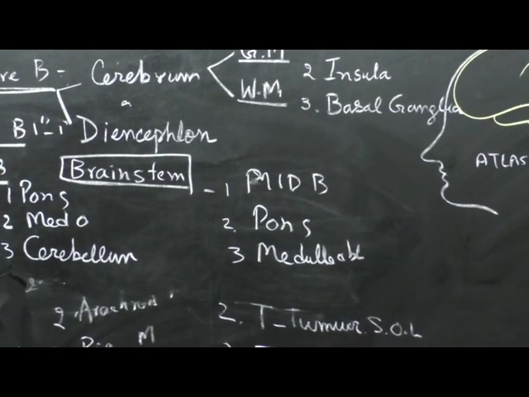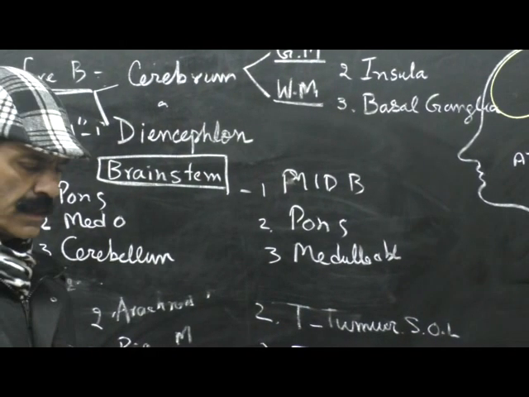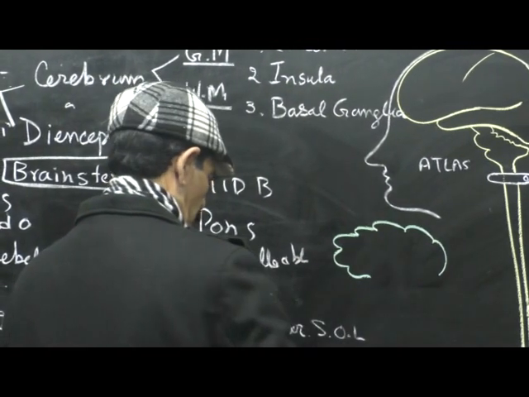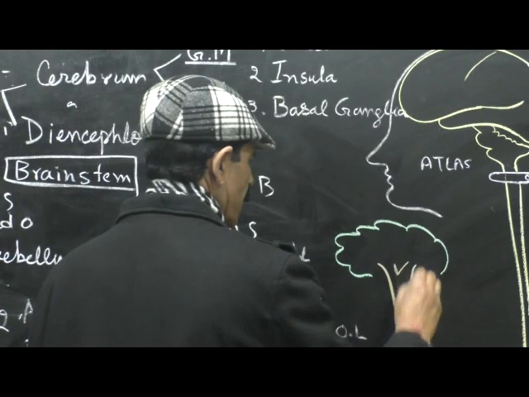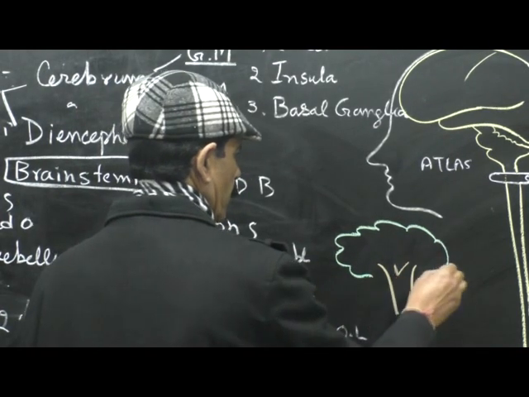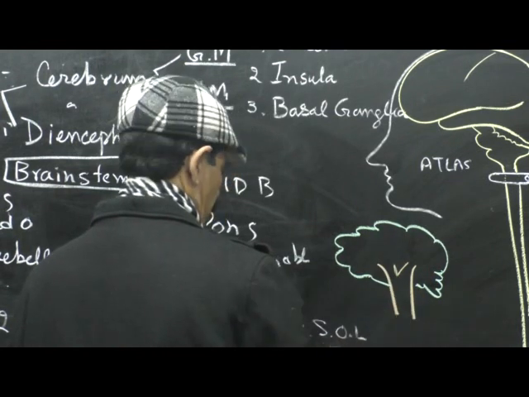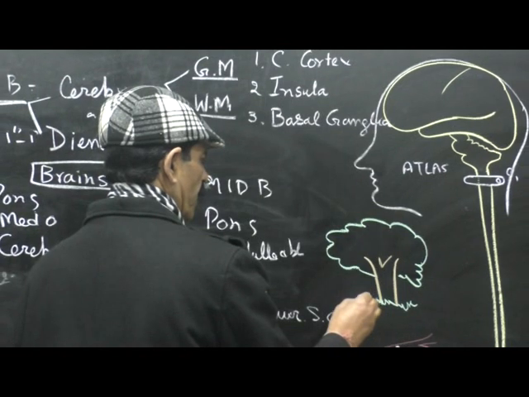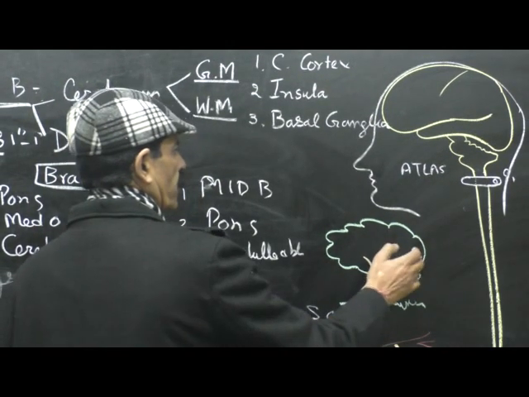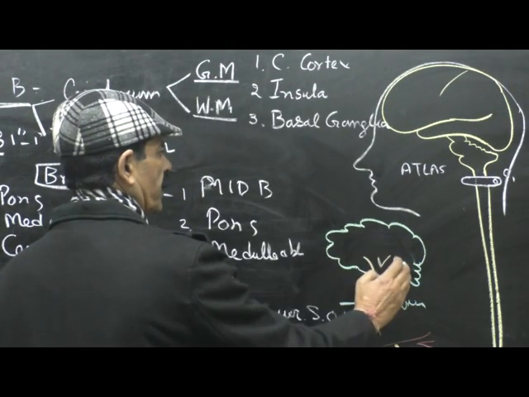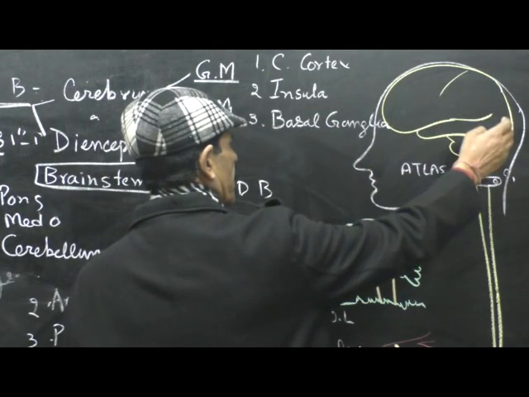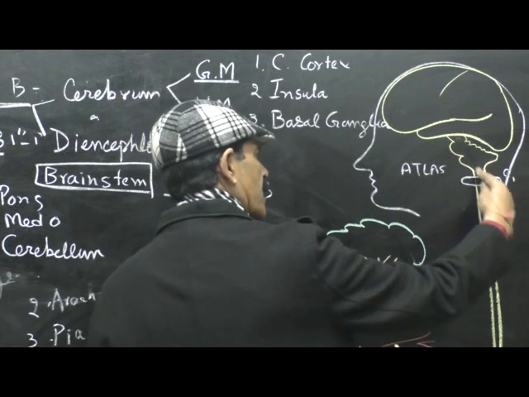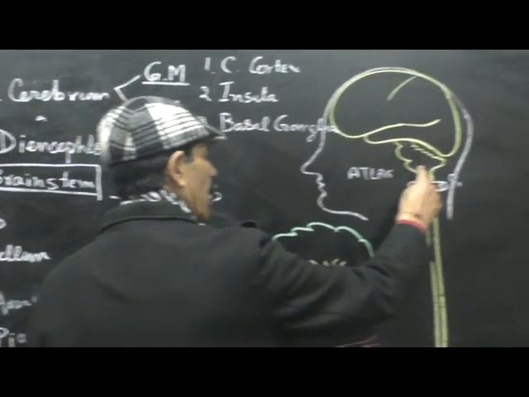Why is it called brainstem? Because the brain looks like a tree. As we know, a tree is supported by the stem. The same is the appearance of the brain. This is the largest part, the cerebrum, and it is supported by the obliquely placed midbrain, pons, and medulla oblongata.